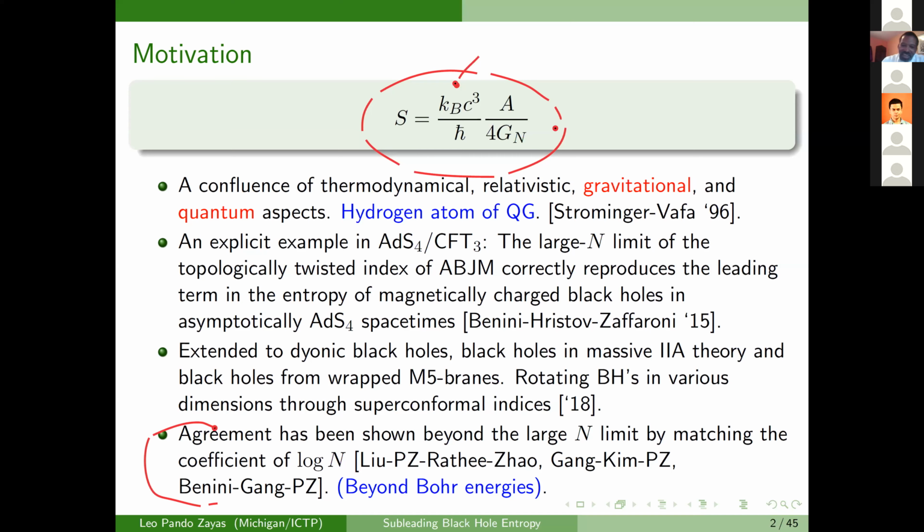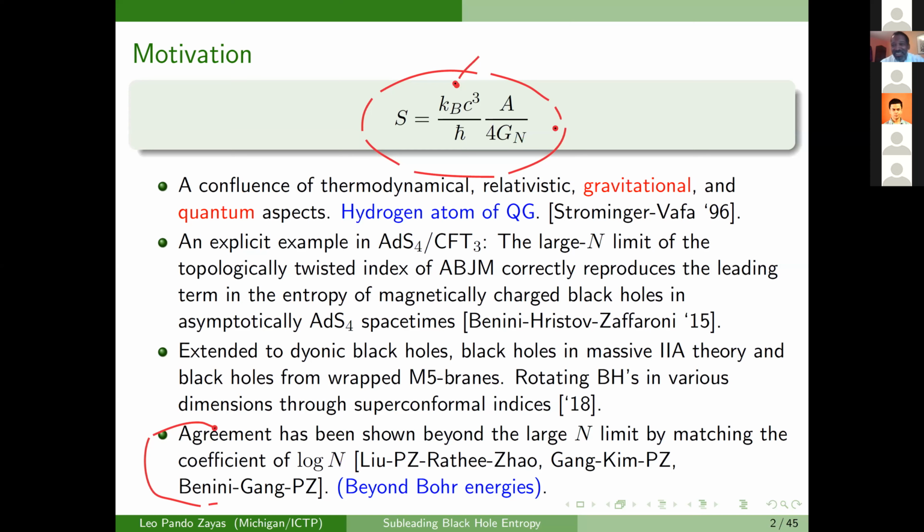In the context of this analogy with the hydrogen atom, this is like going beyond the Bohr energies. And I like this because, at some point before you knew quantum mechanics, you could derive the Bohr energy levels just by thinking that the electron is a planet going around the nucleus, etc. So the physics is completely wrong, but the answer is correct.